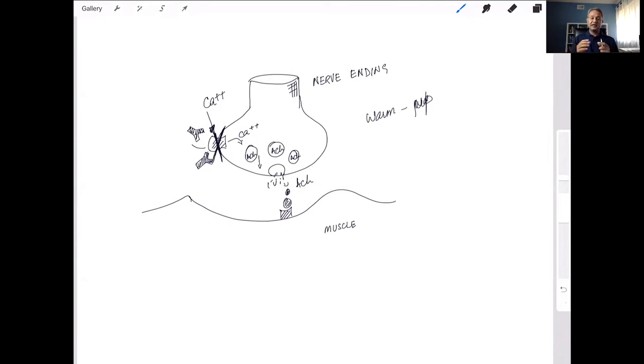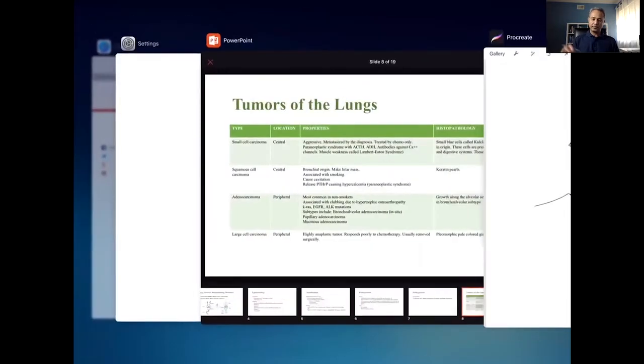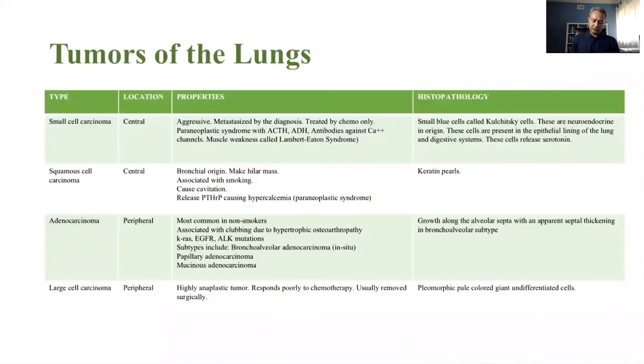So this is Lambert-Eaton syndrome. Remember, myasthenia gravis affects the postsynaptic receptors, while Lambert-Eaton syndrome antibodies affect the presynaptic calcium channels.